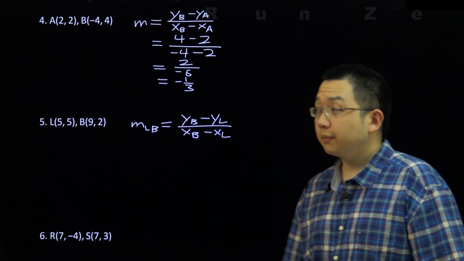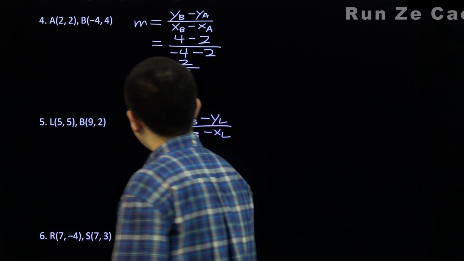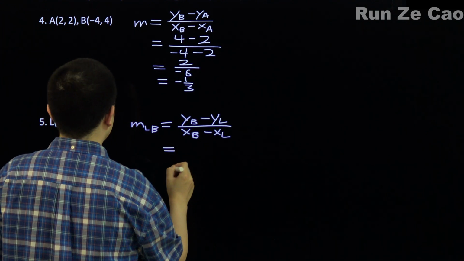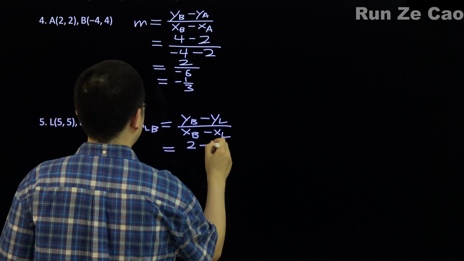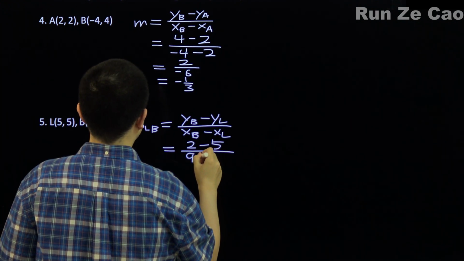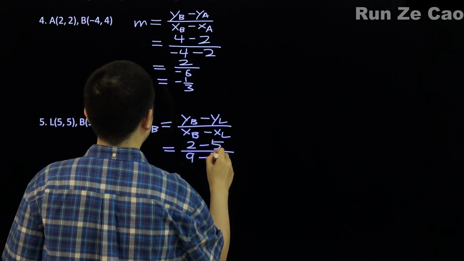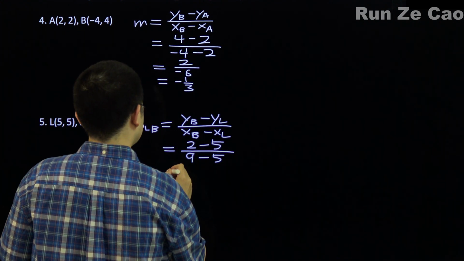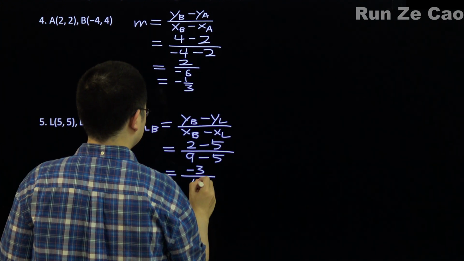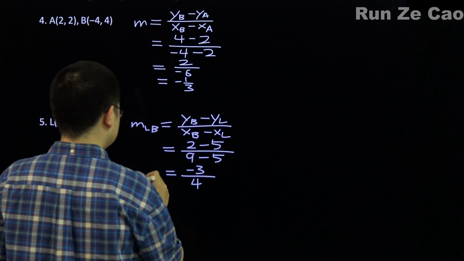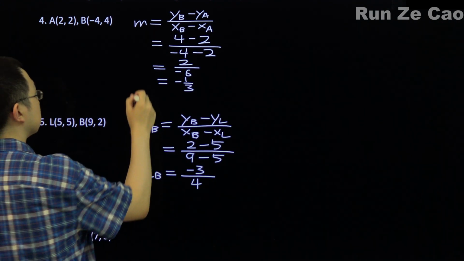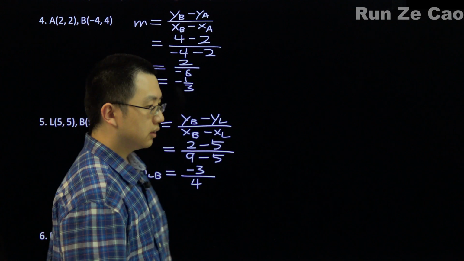But if you're doing multiple, yeah, you should definitely label all of them. So, YB is 2 minus YL, which is 5, over XB, which is 9, minus XL, which is 5. So that is negative 3 over 4. So that is M of LB.